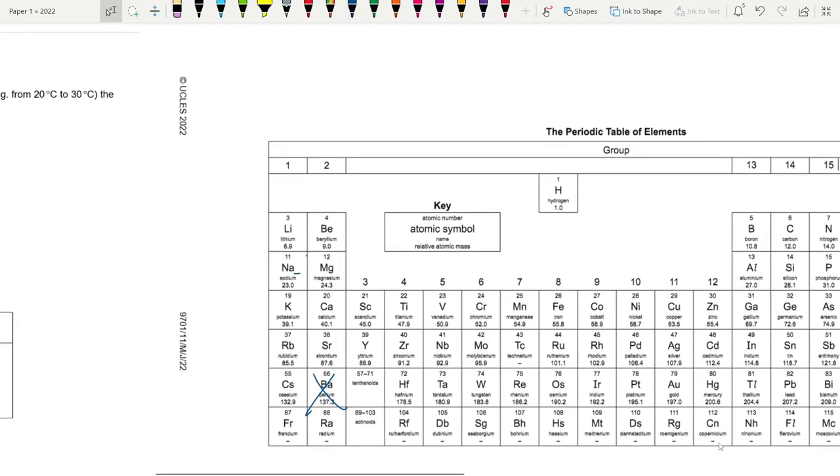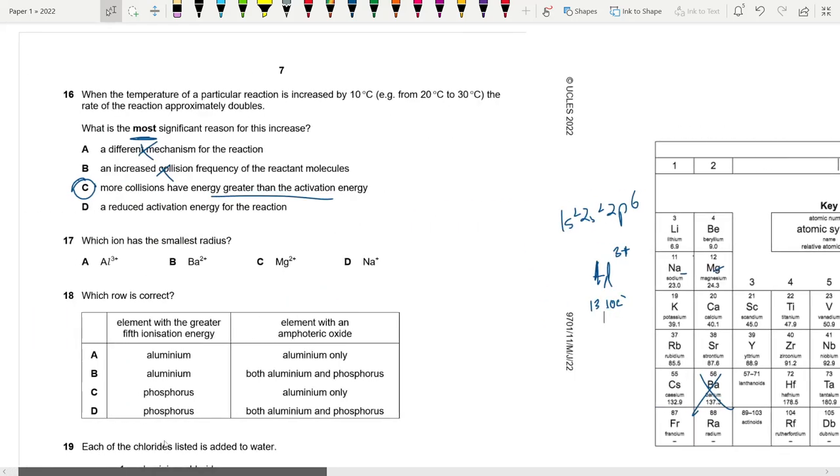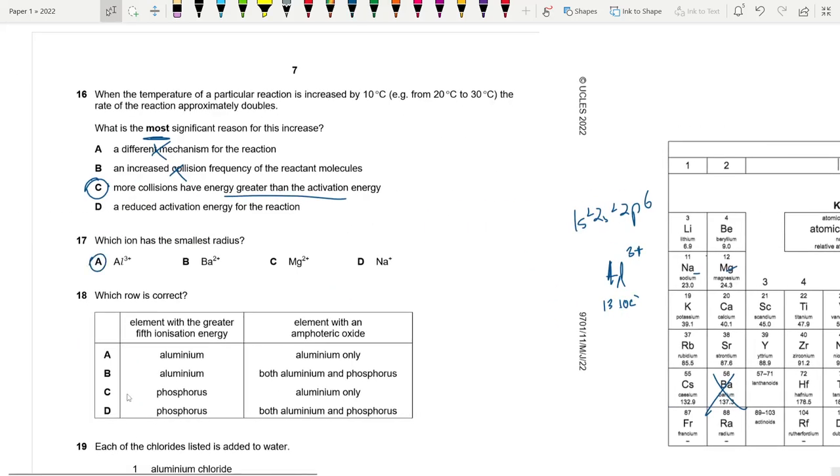So out of sodium, magnesium, and aluminium, all three of them have the same configuration: 1s2, 2s2, 2p6. Understood? But aluminium has a charge of 3 plus. So it has more protons compared to electrons. It has 13 protons but 10 electrons. So the 13 protons can attract the electrons more strongly, which is why it is the smallest cation, 17A.